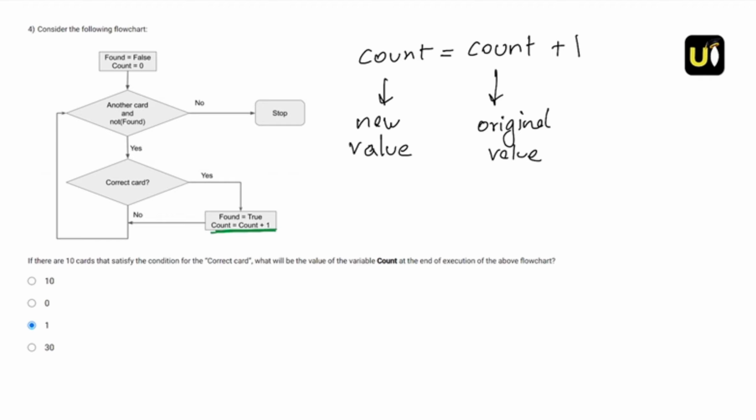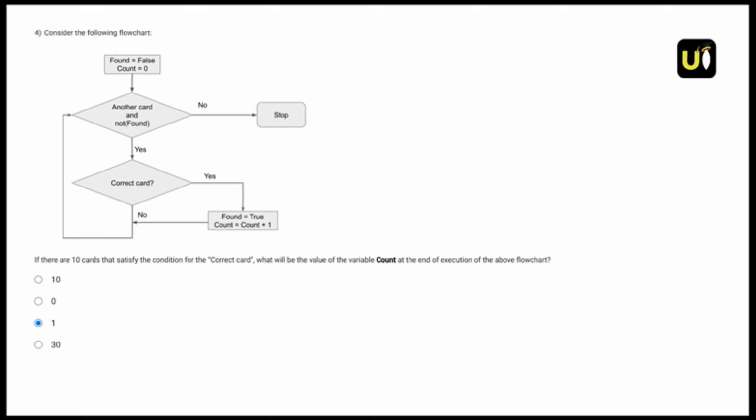We don't care about whether there are 10 cards or 30 cards or 50 cards because it's gonna terminate as soon as the condition is met. So as soon as one card is correct, this will go to yes and the loop will stop. So the count is incremented only once here. So the value of count is going to be 1.